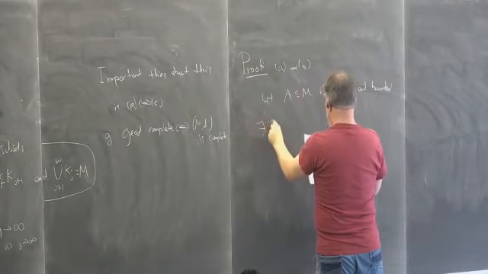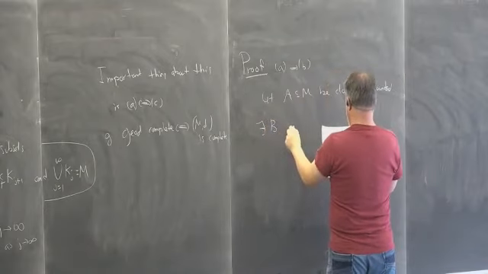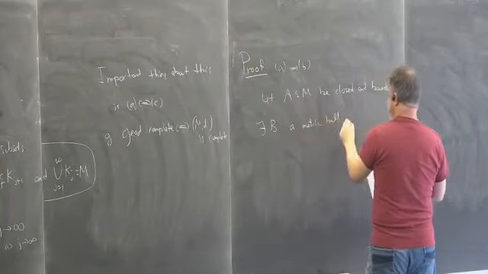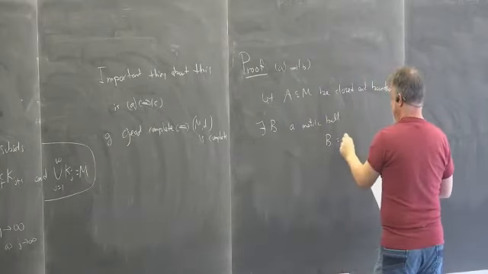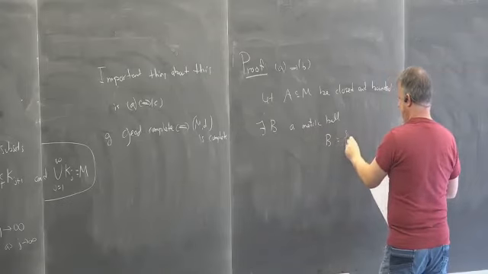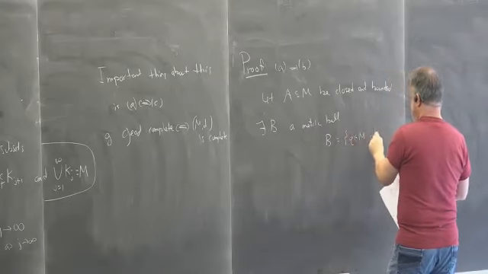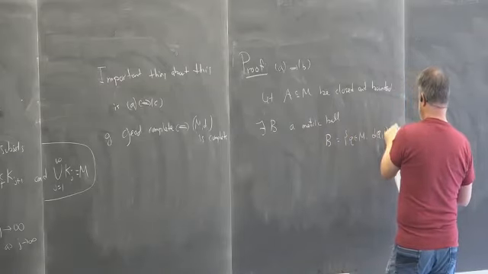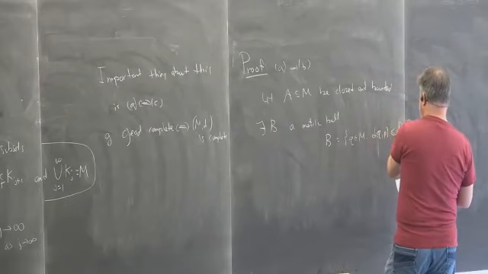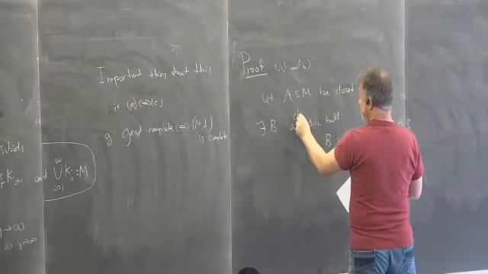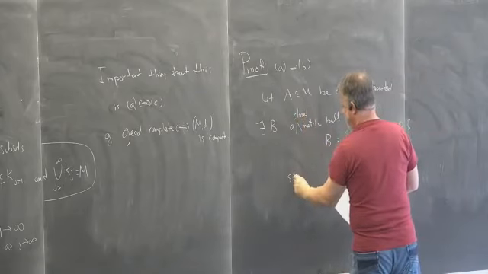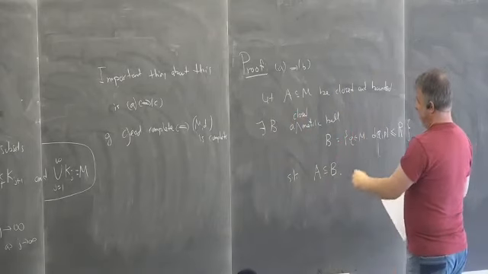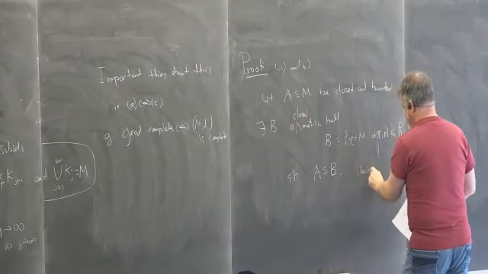So there exists a metric ball B. Let's write B is the set of all points q in M such that the distance from q to p is less than or equal to capital R, a closed metric ball, such that A is contained in B. This is because A is bounded.